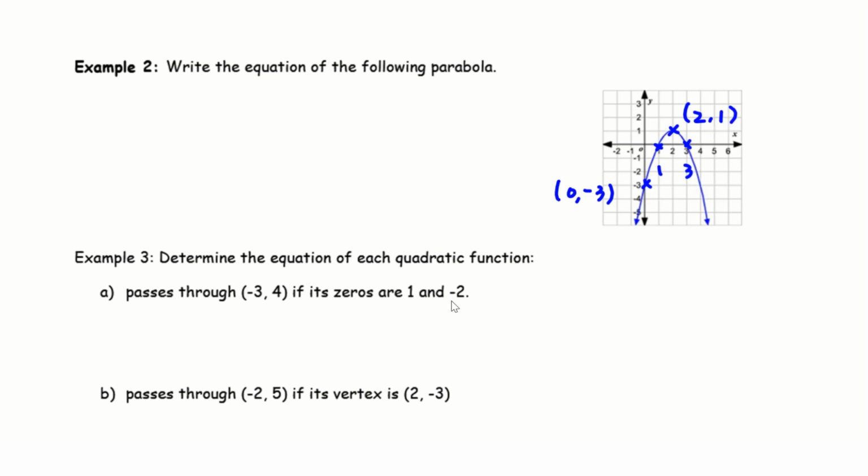So we have three forms: the standard form, vertex form, and factor form. If the vertex is given, then it will be easier for you to start with vertex form. So PQ is your vertex, equals (2, 1). Then we have y equals a(x minus p) squared plus q.